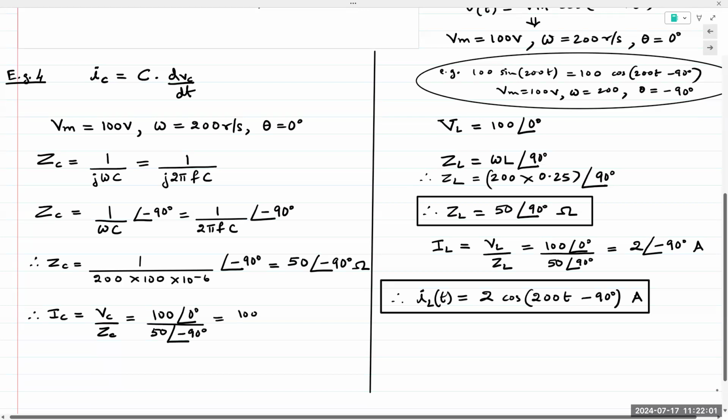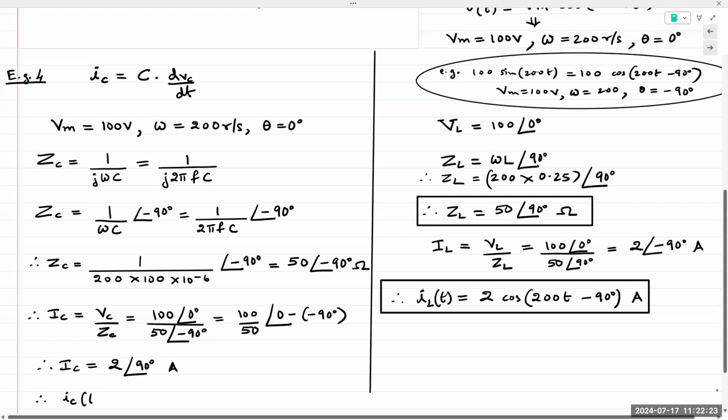That would become 100 divided by 50 and 0 minus of minus 90. And therefore IC would be magnitude of 2 with an angle of plus 90 amps.